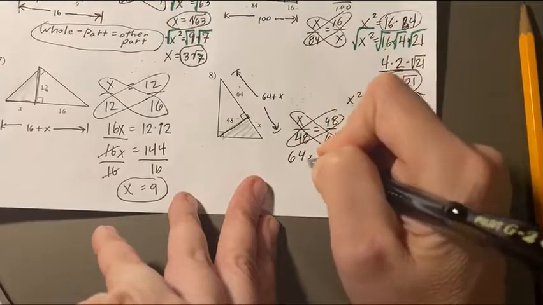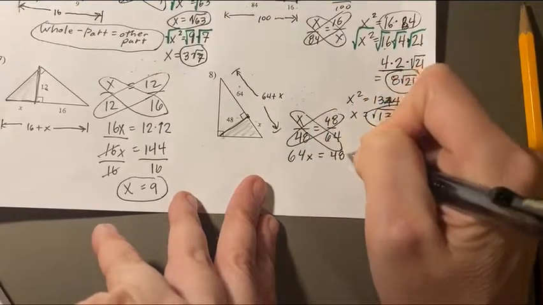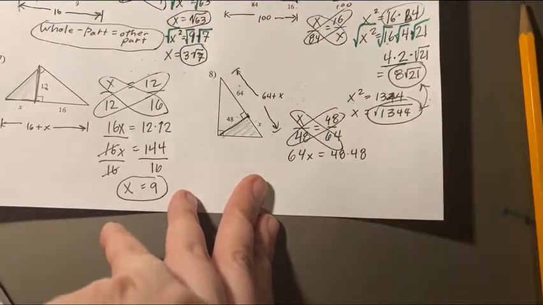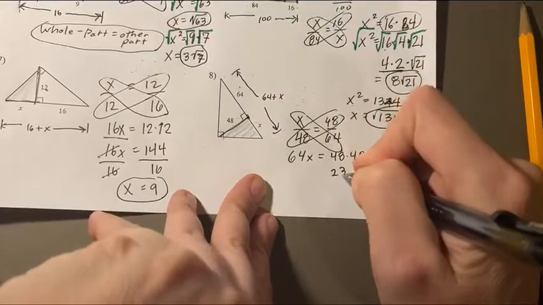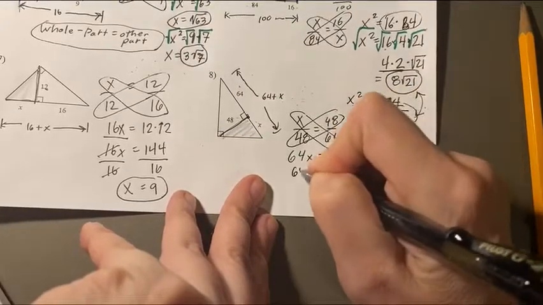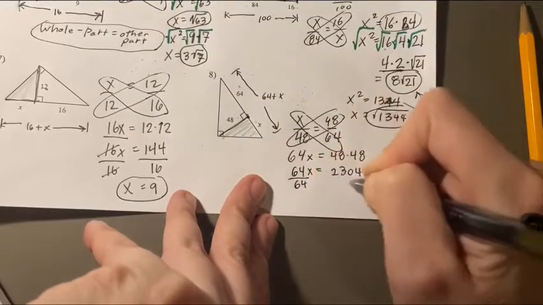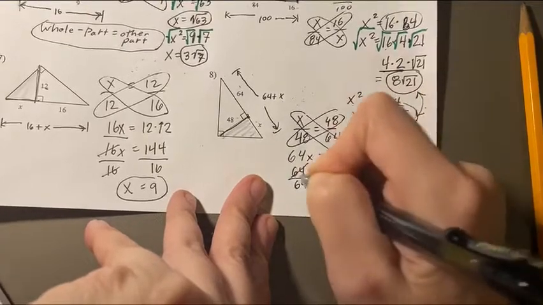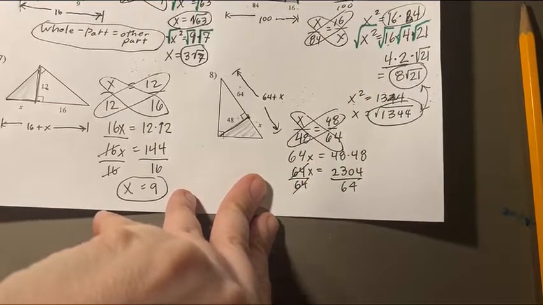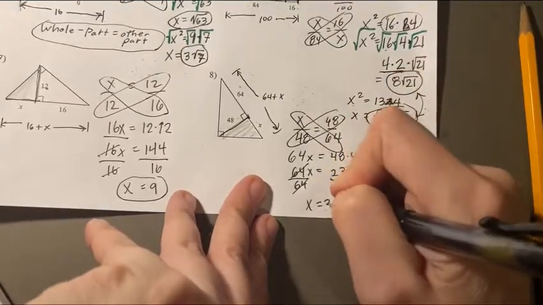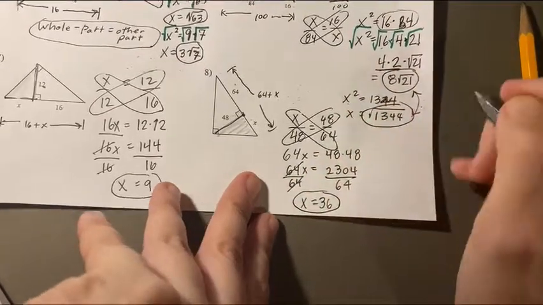So we get 64 times x is equal to 48 times 48. Beautiful.